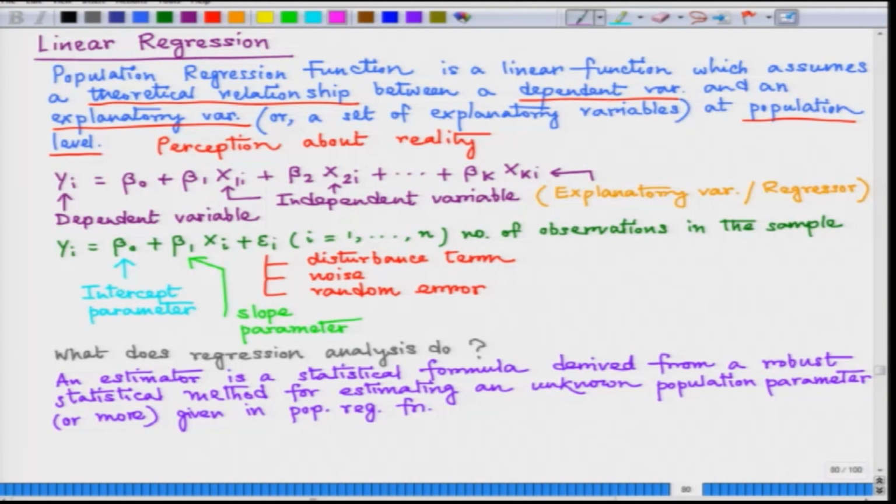Now let me have a simple diagram to explain the philosophy behind regression analysis. I hope this simple diagram will help you to understand this tool better.